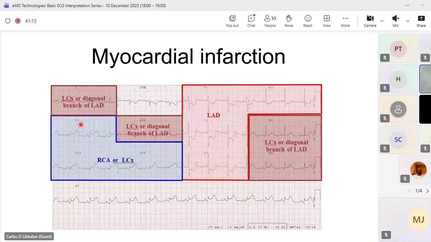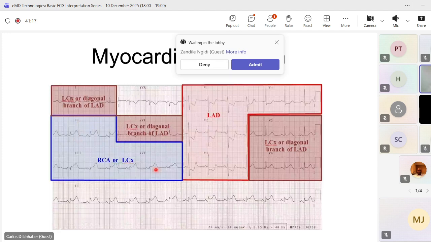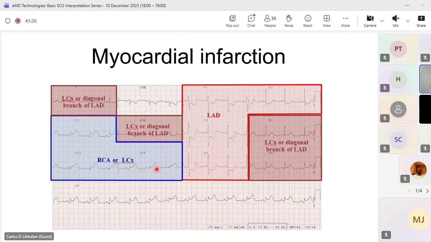In the inferior segments, in the inferior wall of the heart. If it's in the inferior wall of the heart, which arteries supply the blood perfusion to that area? It's either the right coronary or the left circumflex.